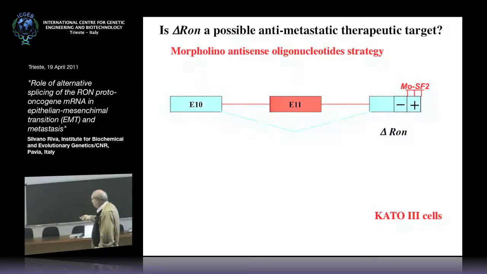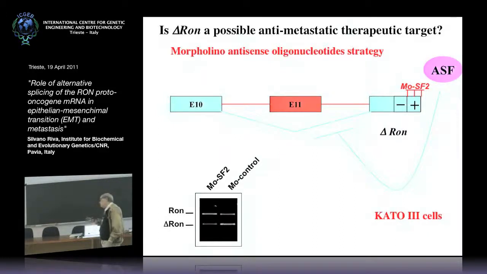Well, the morpholinos are directed towards the SF2 binding site. So you block this site with the oligonucleotide, and therefore you don't have this splicing anymore. You include the exon. And in fact, the first results are encouraging.